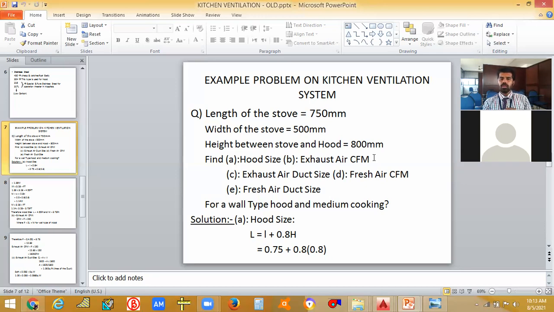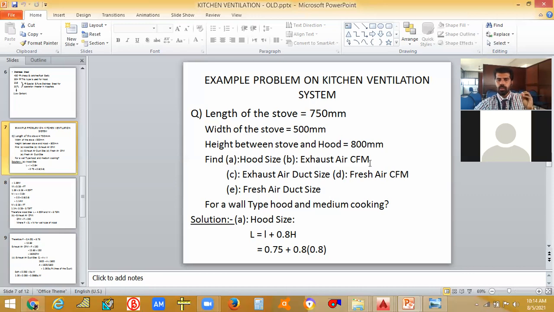Now coming to fresh air. If we get the exhaust air, just multiply by 0.8, or take 80% of the exhaust air, and you will get the fresh air. When you get the fresh air CFM, you can easily find the fresh air duct size also. In order to find the duct size, you need CFM or air quantity.